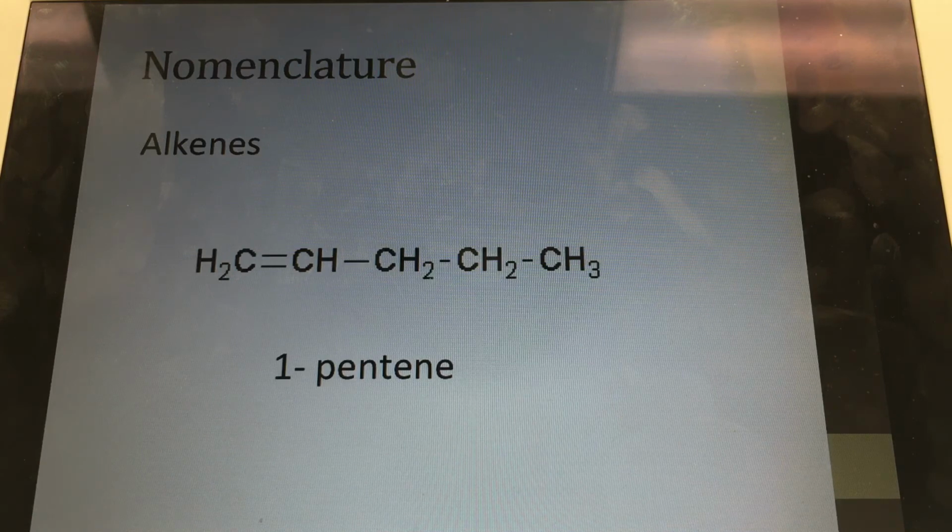Here's the molecule 1-pentene. The ene suffix indicates that it is an alkene. It being on the 1 position is where you get the 1 to describe the position of the double bond.